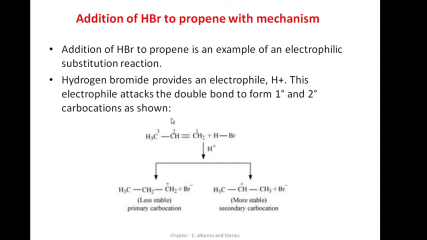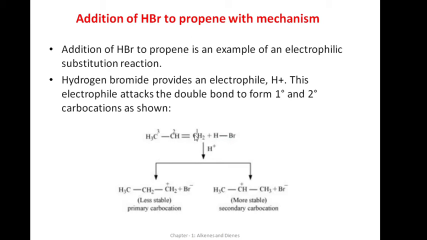So let us look at this molecule once again. This is propene. We have two hydrogen atoms on carbon number 1. We have one hydrogen on carbon number 2. So addition is going to occur across these two carbon atoms. One will get H plus, the other one will get Br minus. So Markovnikov's rule says the negative part, which means Br minus, goes to that carbon atom with the least number of hydrogen atoms.